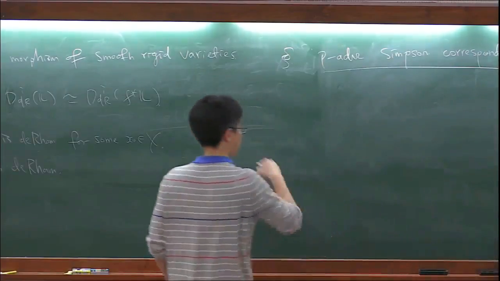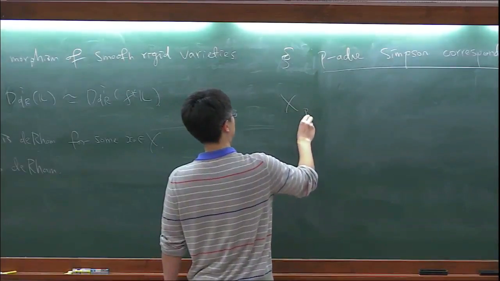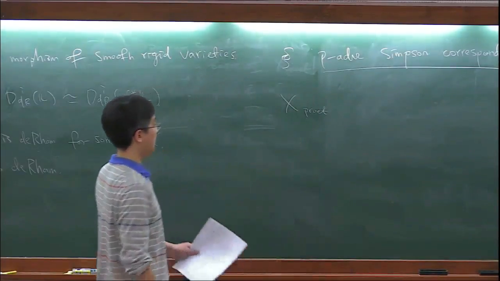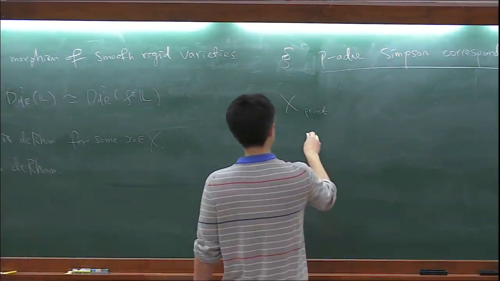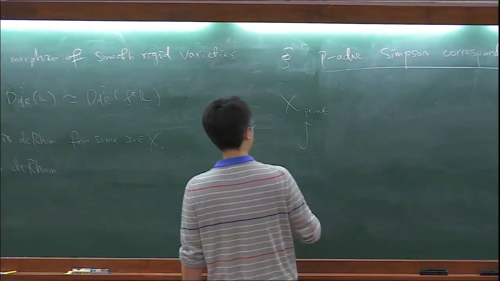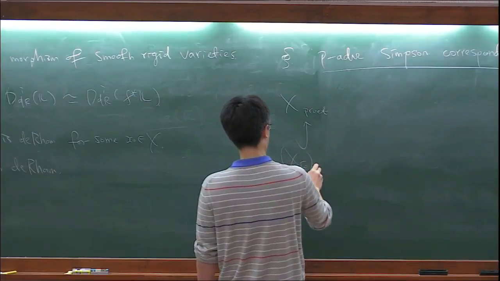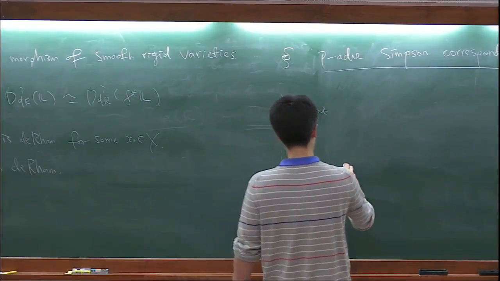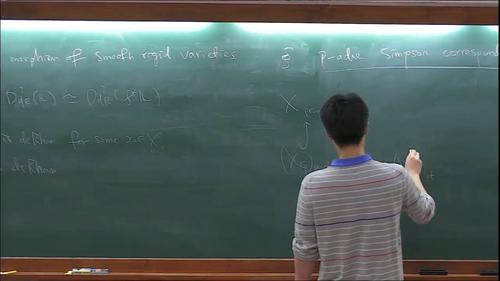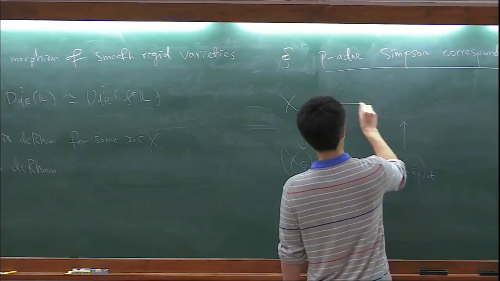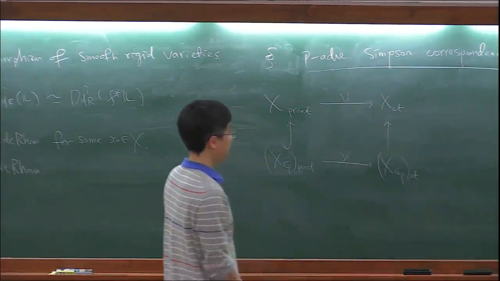Okay, let's go back to this situation. So this X, pro-étale. And to this X_{C_p}, this is called nu prime.